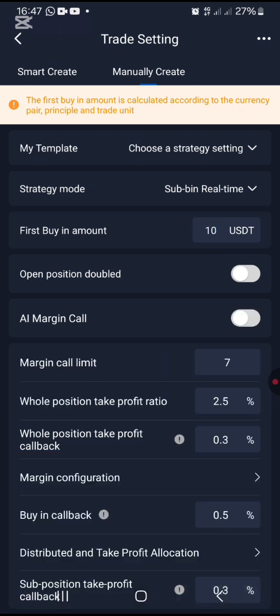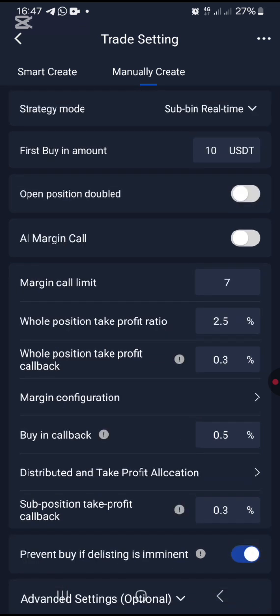Changing to a 10, switch off the AI margin calls. This AI margin calls will increase the period in which the bot will put money into the market. Remember, if in my call drop I have a 4 and I leave on the AI margin call, it will multiply that 4 by 2 to make an 8% drop, which means that instead of buying at a 4% drop, the robot will buy at an 8% drop.